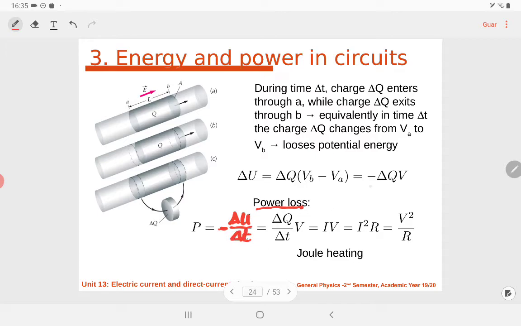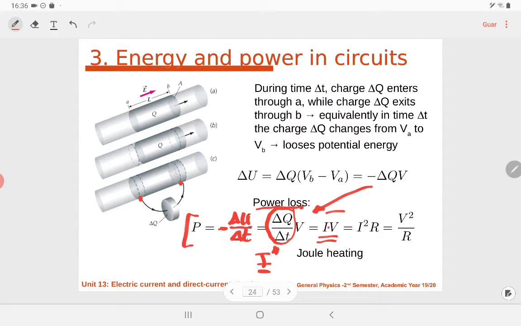Then we substitute here, we can see that this is going to be delta Q divided by delta T, which is directly the amount of electric current. So we end up showing that the power loss in this segment of circuit, because there is a potential drop of V, and through it we have a flow of charges that provides an electric current given by I, is I times V.